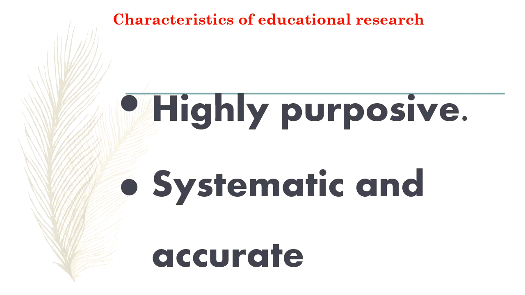It is systematic and accurate investigation. Very systematic, which goes on step by step. We need to continue it according to the steps which are there. Then it is also an accurate investigation where there is very little scope for errors, very little scope for committing mistakes. So most of the time researchers are very systematic and accurate.